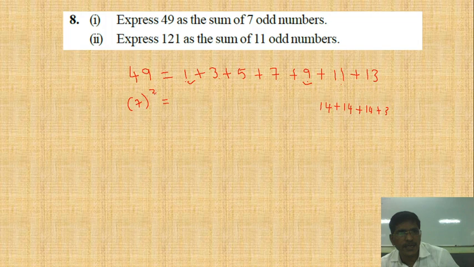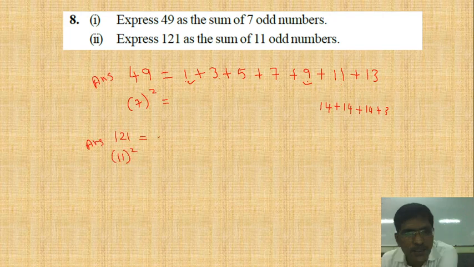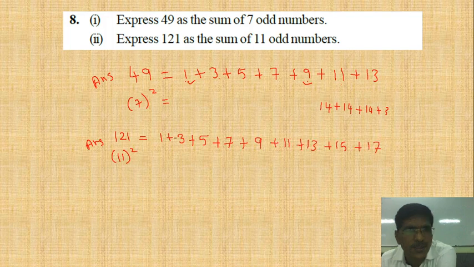Now the question is 121. It is the square of 11. So 11 terms you have to write: 1 plus 3 plus 5 plus 7 plus 9 plus 11 plus 13 plus 15 plus 17, and so on up to 21. 1, 2, 3, 4, 5, 6, 7, 8, 9, 10 and 11.